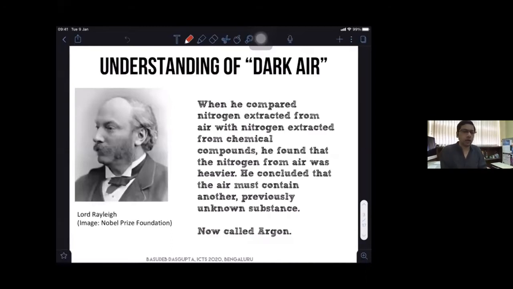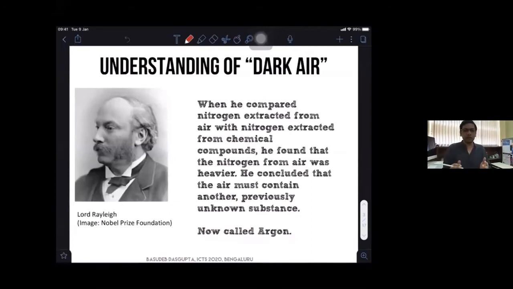At this point, Lord Rayleigh does an interesting experiment. He shows that the nitrogen that you extract from air, you take a bottle of atmospheric air and you burn out the oxygen, or you somehow extract out the oxygen, so you're supposed to be left with mostly nitrogen. This nitrogen he found was heavier than the nitrogen that he could synthesize in the lab from chemical reactions.